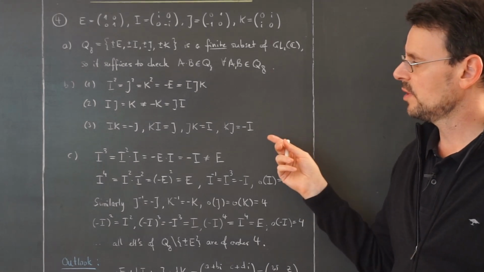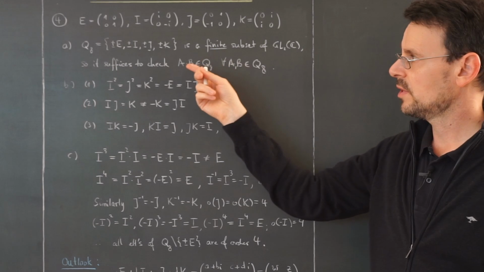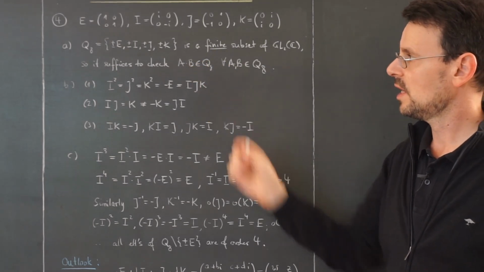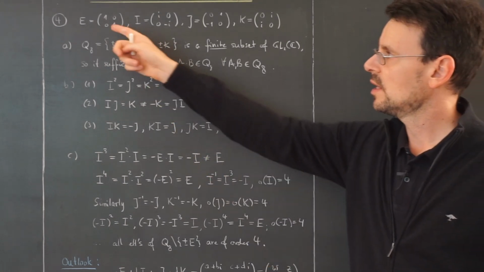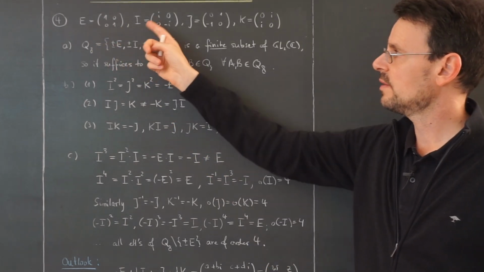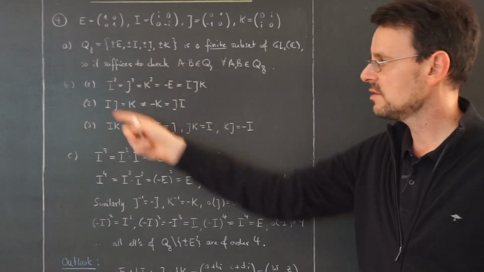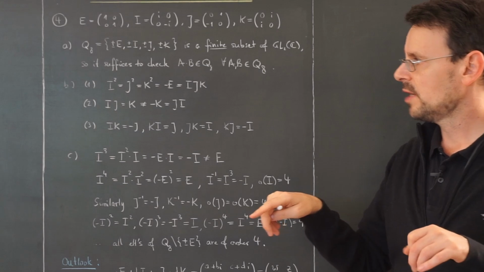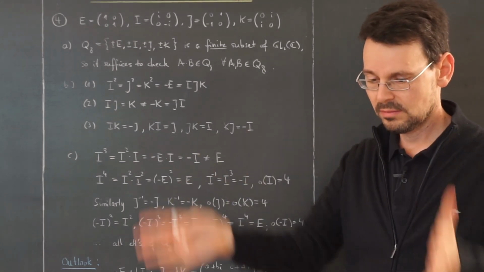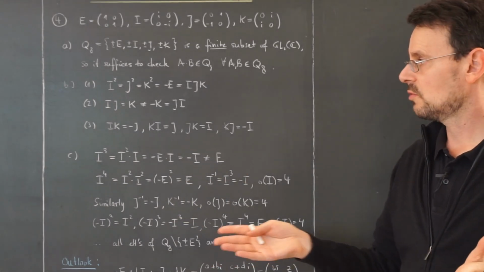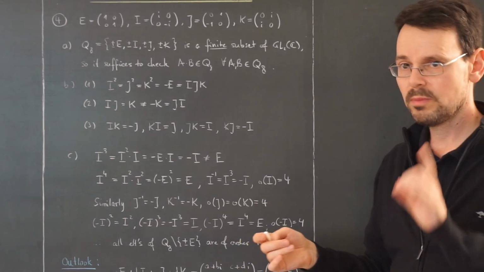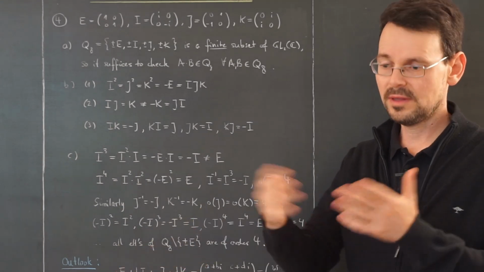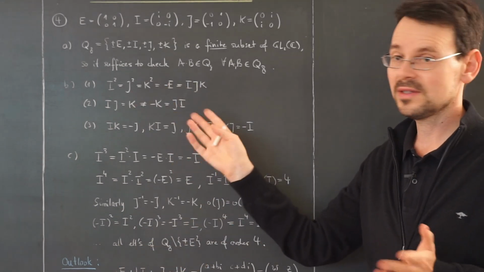It is possible to define this quaternion group without reference to any matrices. You could simply say I take 4 symbols, E is my neutral element, and then i, j, and k, satisfying those rules here. And then you can write down the group table and find out that this satisfies the axioms of a non-commutative group, but it is not possible to see from the group table if the so-defined multiplication is associative.